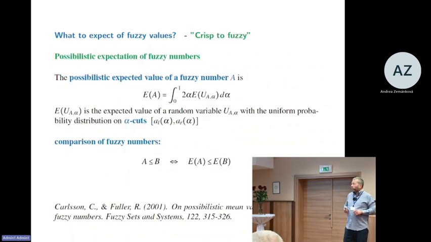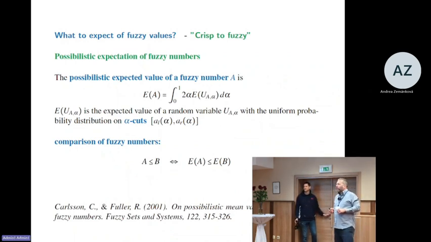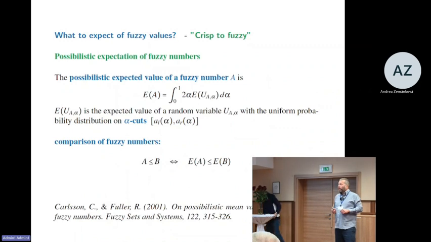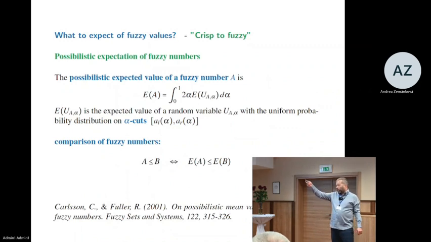Now we go to maybe some other case. So assume we have fuzzy data. So A is actually a fuzzy set, and we define the expectation of the fuzzy set A as an integral like this. Obviously, alpha is well known.